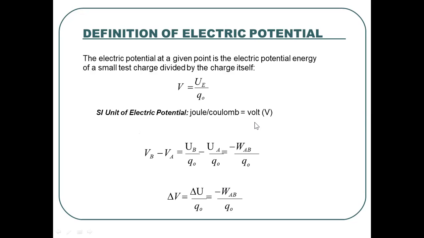This is equal to your work of charges A, B per your given charge. So delta V would be equal to delta U all over your charge, or equal to the negative work of your charges AB all over the charge.